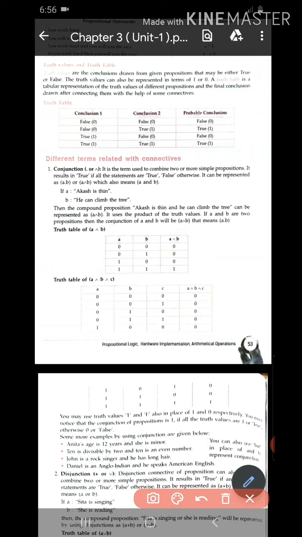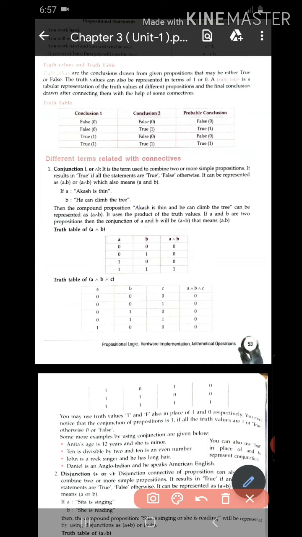See, A is having first value 0 and B is having first value 0 right now. A and B both are having 0 0. First value 0 0. Then A and B also provide us 0 only. Why is it 0?